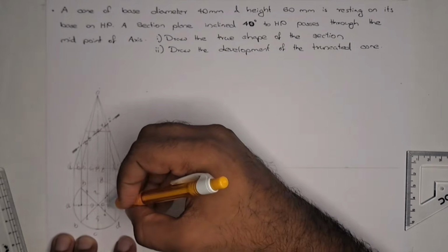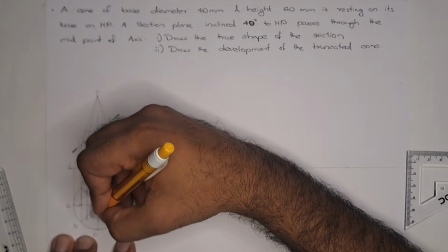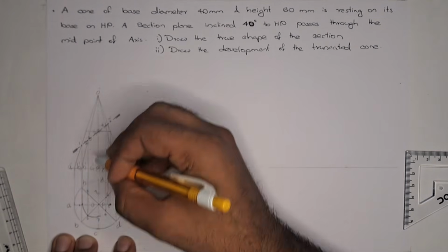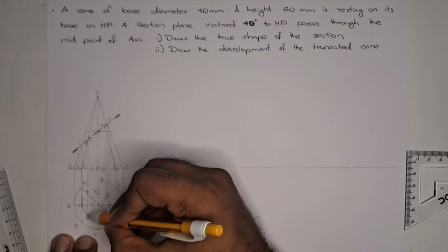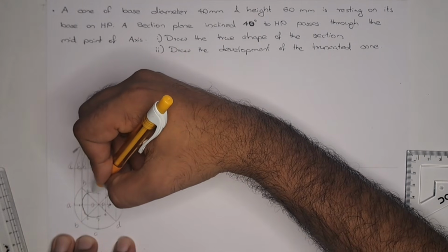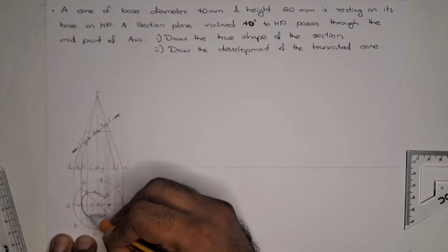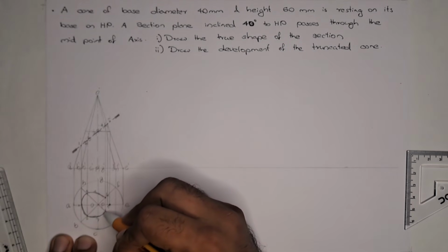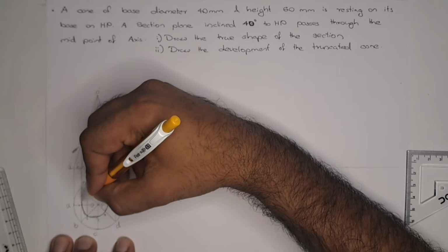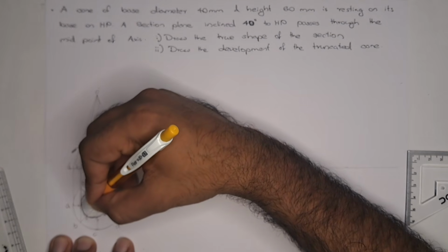Now we can complete this shape, and we find an ellipse shape over here.